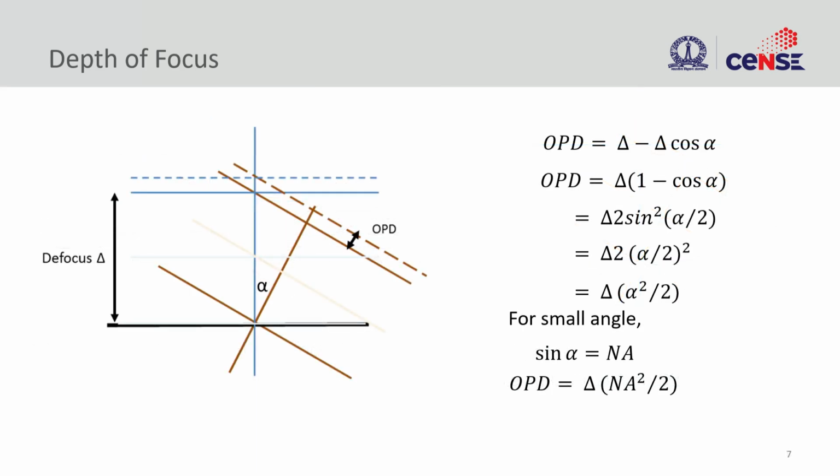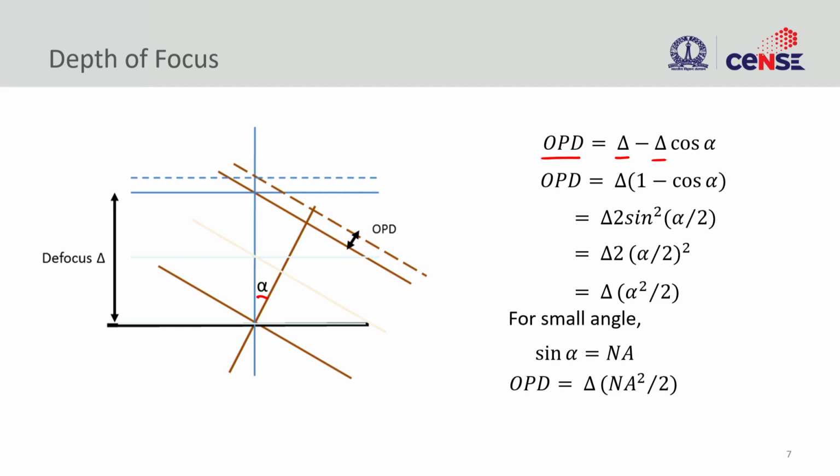So let's understand this defocus. What is this optical path difference? Let's try to find how this is related to the optics. So here, if delta is the defocus that you have, the path difference is delta minus delta cos alpha. Alpha is the angle between the first order and the 0th order, and this is what will give you the optical path length difference.